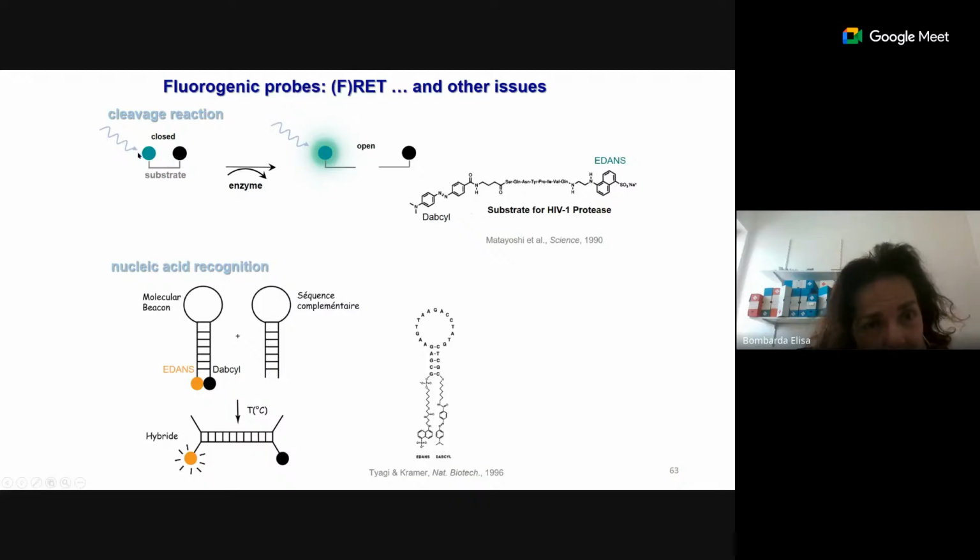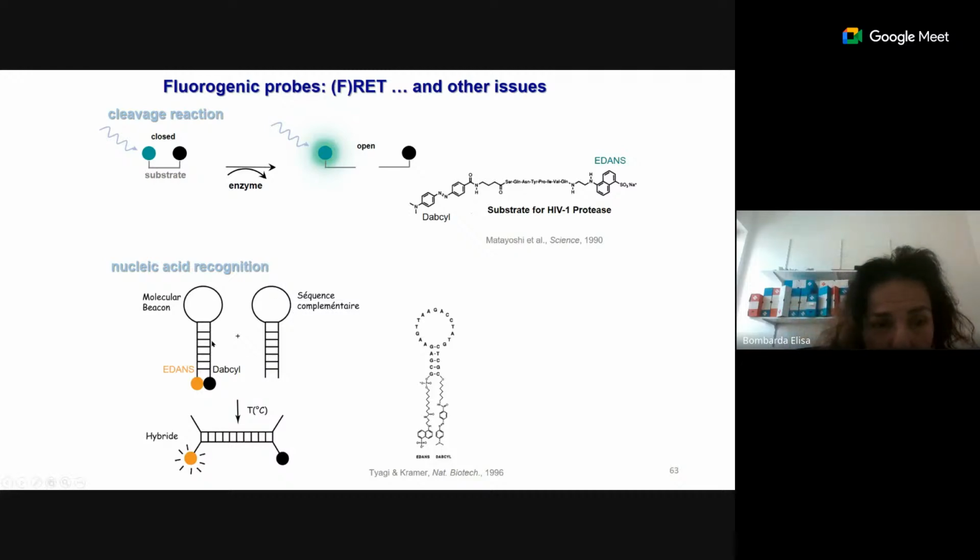So when you have the closed form and the substrate is not cleaved, you don't detect any fluorescence because the fluorescence of the donor is fully quenched by the presence of the acceptor. Then the enzyme comes and cleaves the peptide bond, the two moieties get separated, and you can see the fluorescence of the donor. And so you monitor the cleavage reaction.